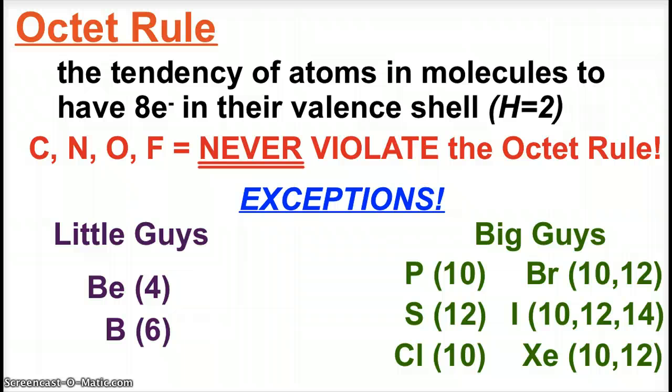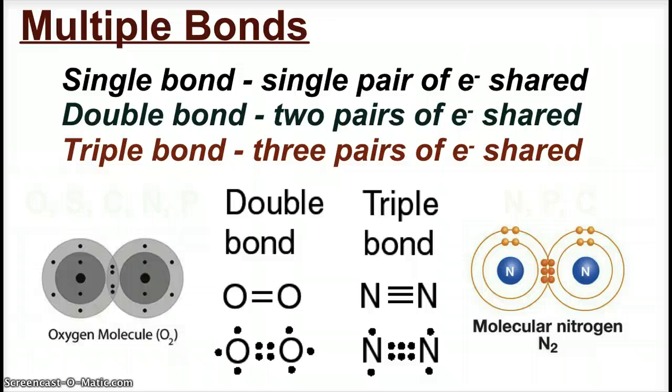Now we can also have more than just single bonds. We can have double bonds, which is 2 shared pairs of electrons, or triple bonds, which are 3. We don't have quadruple. The most common double and triple bonds out there are the oxygen-oxygen double bond and the nitrogen-nitrogen triple bond. Now when we really think about it, all of this molecular bonding is only happening with a few elements.